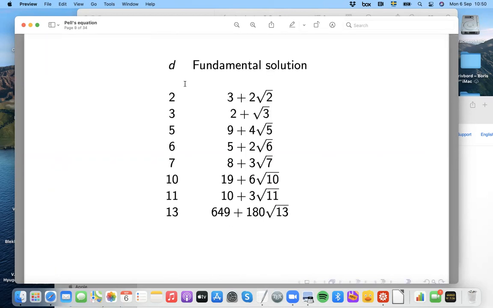Here are some examples for different d. So as we maybe already discussed, for d equals 2, 3 plus 2 square root of 2 is such a number. For d equals 3, 2 plus square root of 3. Then for 5, one can still do it by hand, 9 plus 4 square root of 5, but then it gets more and more complicated.